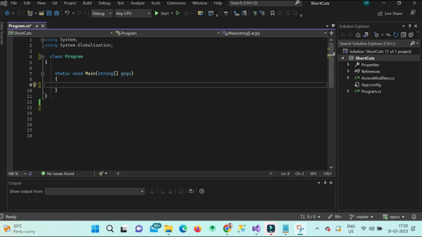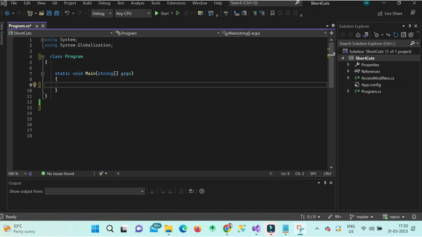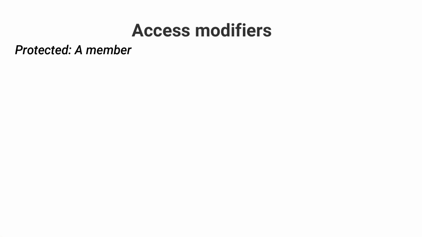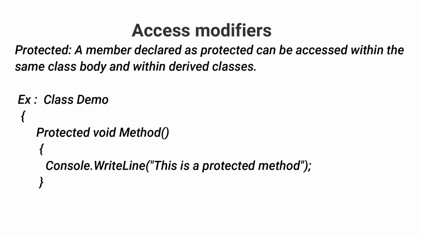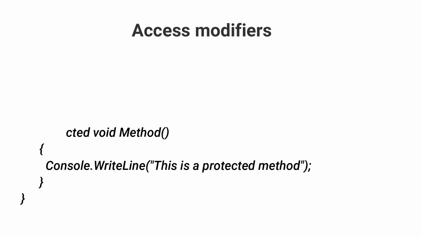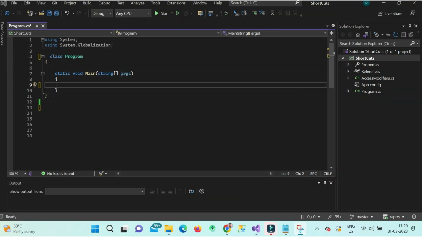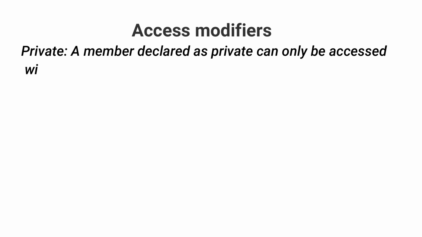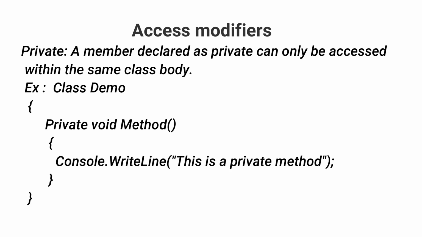Fine. And protected. A member declared as protected can be accessed within the same class body or within derived classes. Fine. That is protected. And private. A member declared as private can only be accessed within the same class body. Fine.